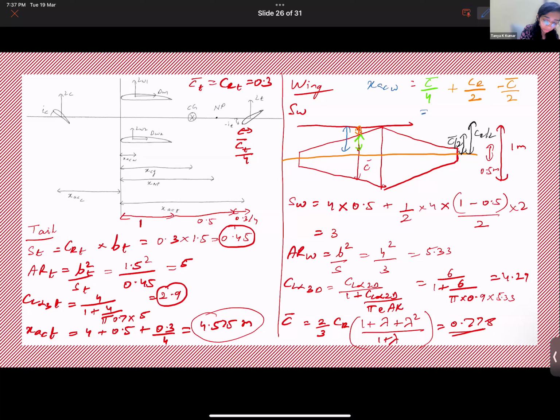What is this value? C bar by 4. What is the value?